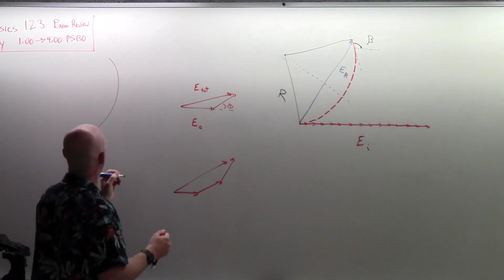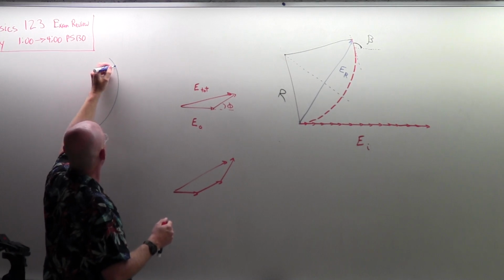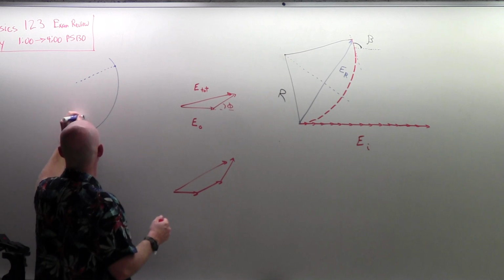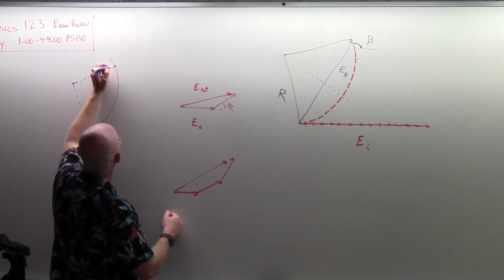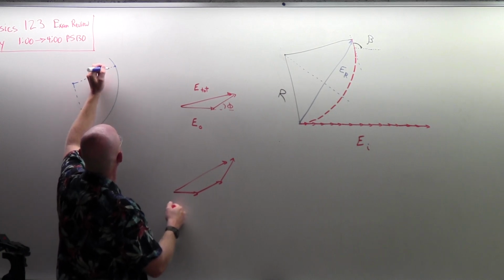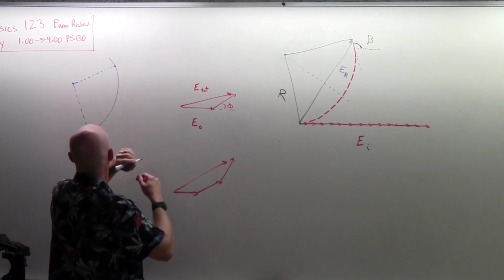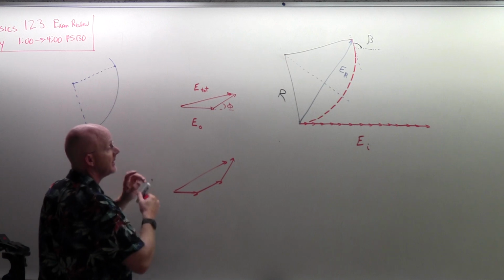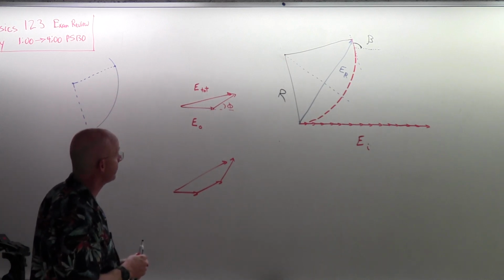But if I had an arc here, and I were to draw back into this circle here, okay, and I have, well, I didn't draw my drawing very well. Bummer.